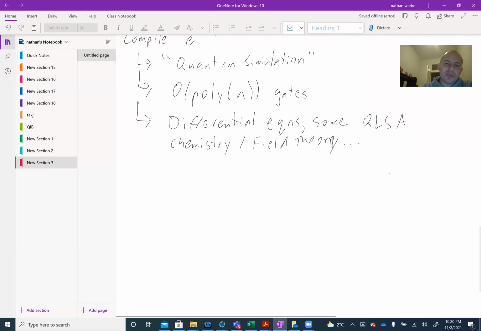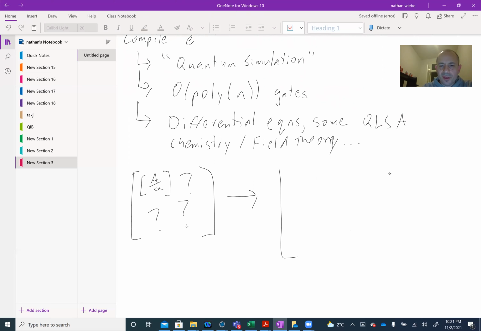So recall what the whole idea of the singular value transformation was. If we have some matrix A over alpha, i.e. a block encoding of A over alpha, then we'd like to embed that inside an even higher dimensional space, but apply some function of A over alpha, divided by a normalization constant.